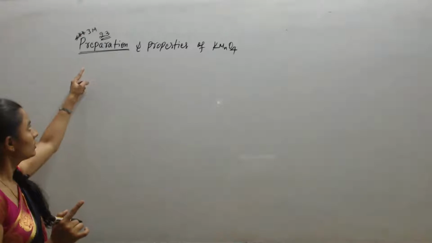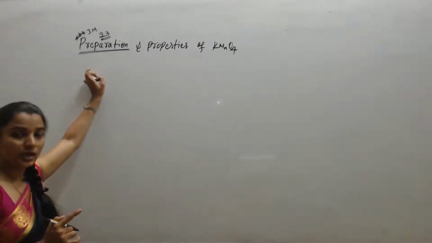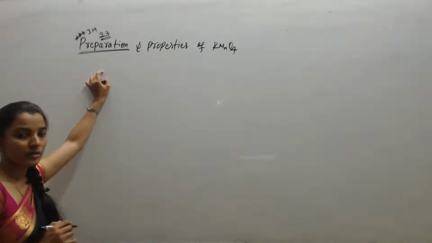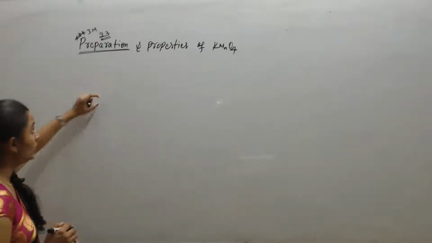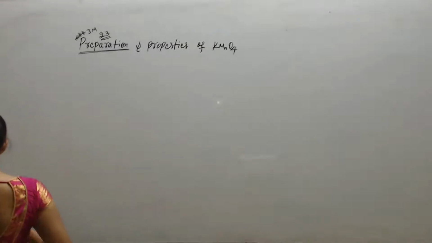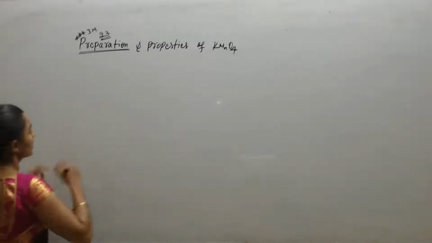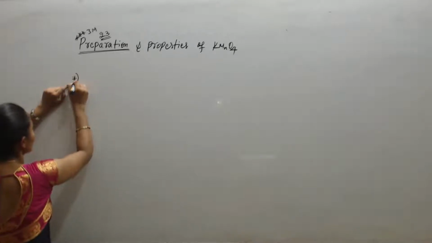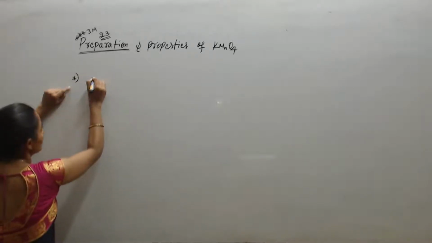Question number 23 is either the preparation of KMnO4 or the preparation of K2Cr2O7. Here the preparation takes place in 2 steps. So what is the preparation method? I write process or method, you understand?